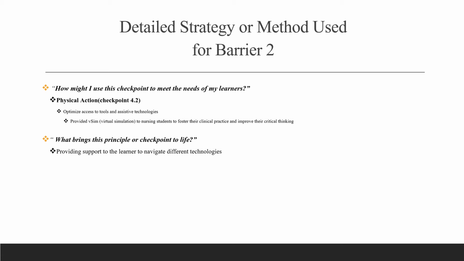So we need to optimize their access to the tools and assistive technology, but we must provide them with support, because not every single student is able to navigate those technologies. So basically they need support from the peers, faculty, and teachers.